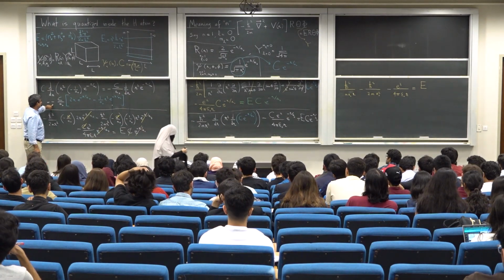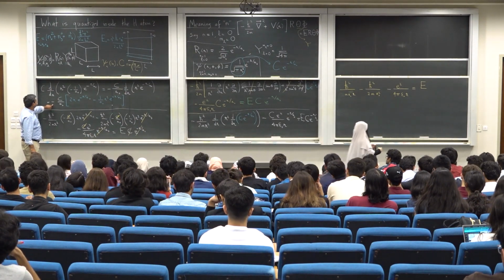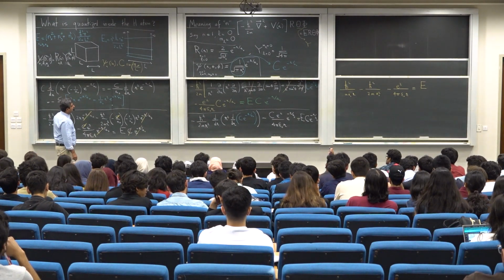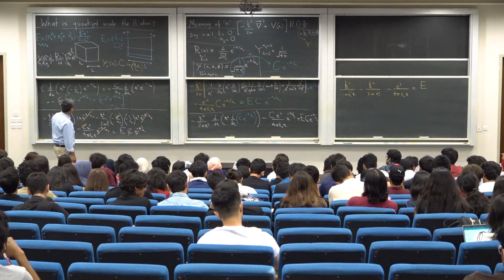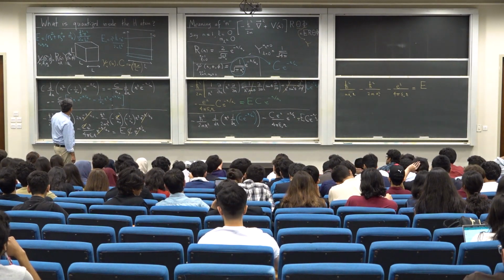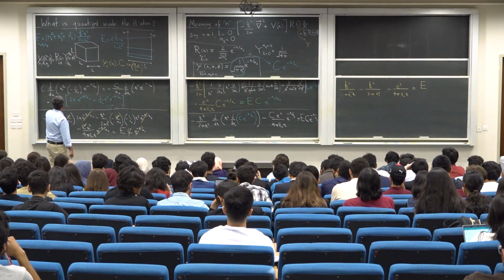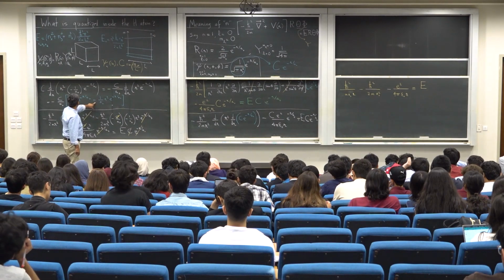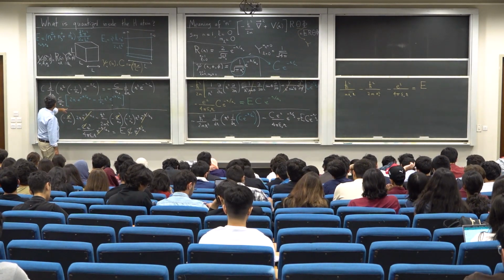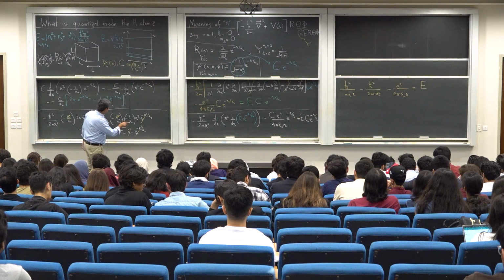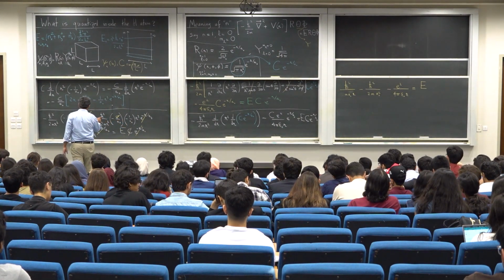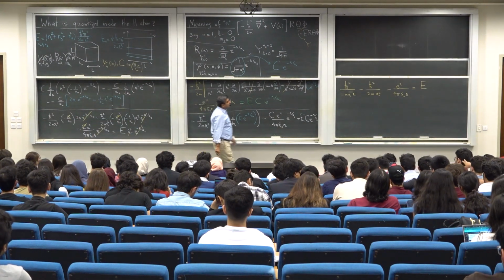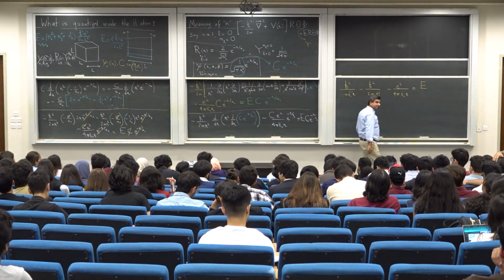Plus C to R. So this is positive. Positive will give me a negative number here, negative. Got it?